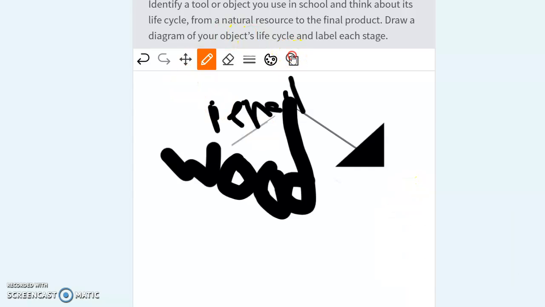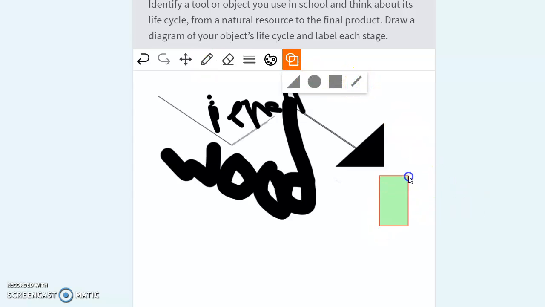It helps you to write. To write it. And then you have another arrow. Instead of going that direction, you want to switch directions.